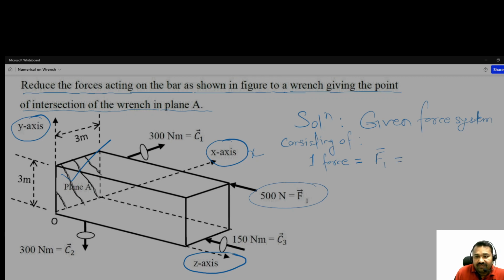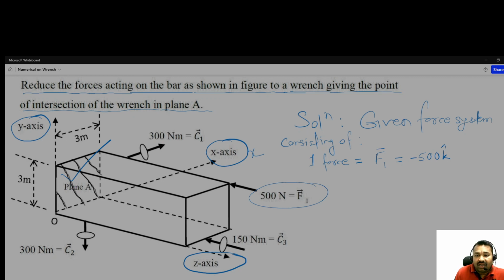That's why it is 500 Newton, and the z-axis is K. And what about the direction, positive or negative? So obviously it is negative.